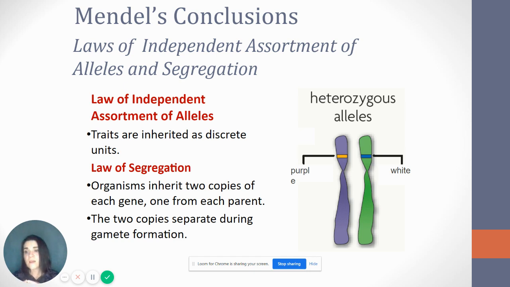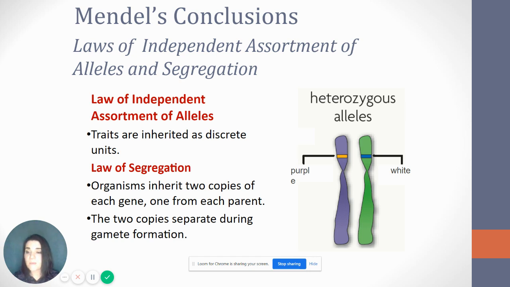So it's saying the trait of height, of flower color, of the pea color, the pod color, those are all independent of one another. So you wouldn't have all purple pea plants be tall. Some are going to be short because the traits for height and for color are sorted independently of one another.